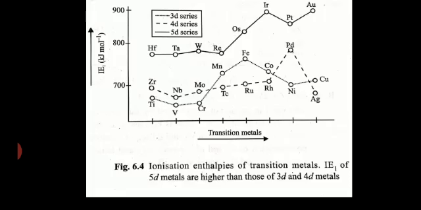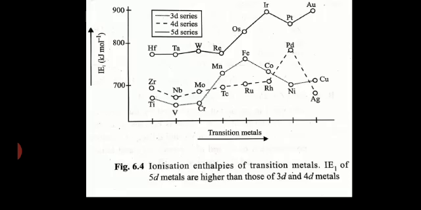So what you can find is that the ionization enthalpies of transition elements are quite high and lie between those of S block and P block. The first ionization enthalpy increases with increase in atomic number across a given transition series, although the increase is not very regular. Sometimes it increases, sometimes it decreases, due to the presence of fully filled and half filled subshells.